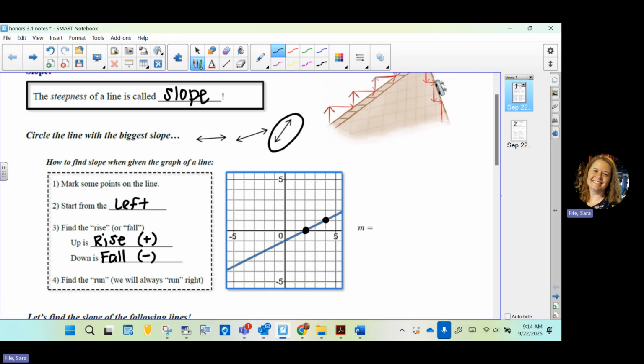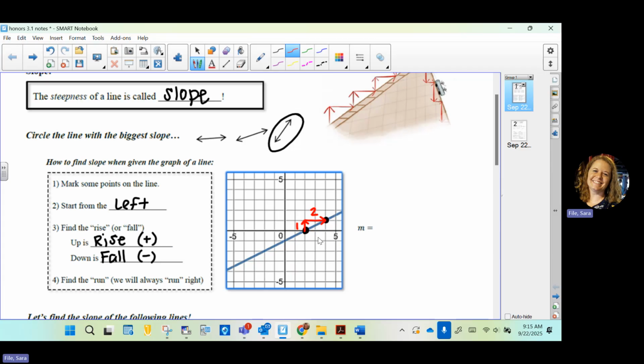So in my graph over here from left to right, I'm going to have to go up 1. So that's my rise, positive 1. And then you find your run. So mine is to the right 2. Now, if you always start on the left, your run will always be to the right.